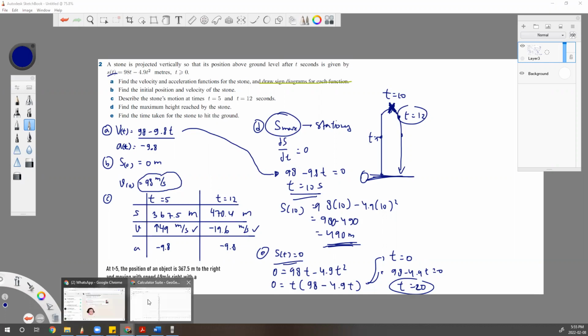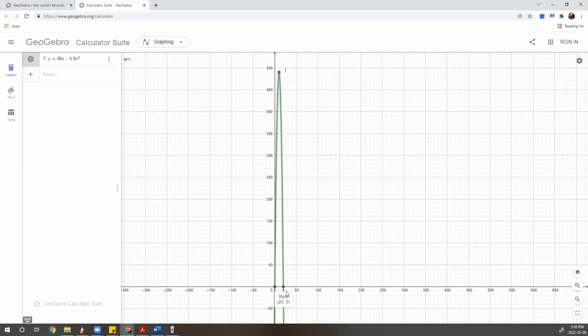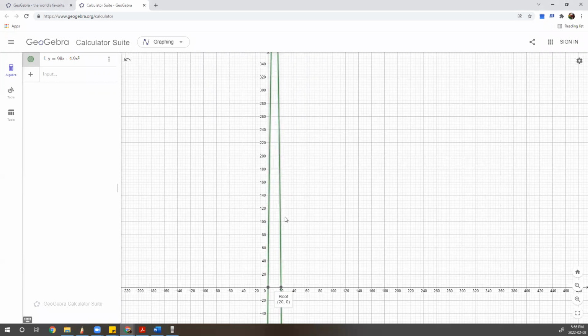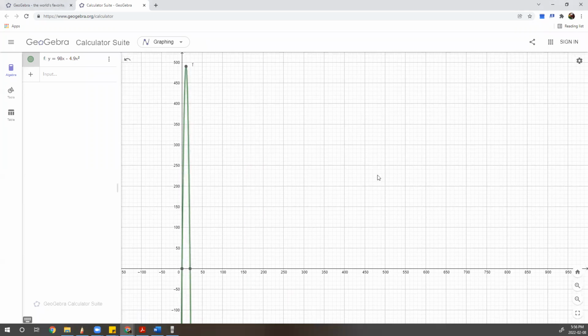So from here, with super fast speed going up, bang, and then going down. This is the time taken, 20.0. This is the t axis, and this is the s axis. Not y and x anymore, because we deal with the word problem.